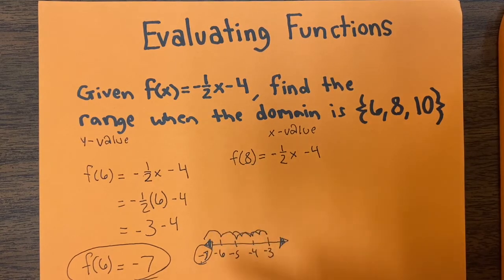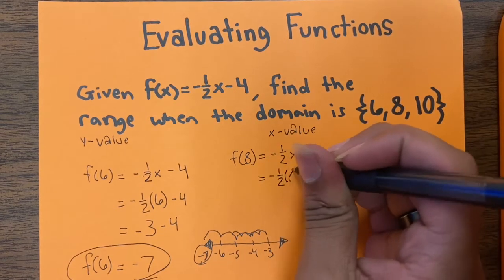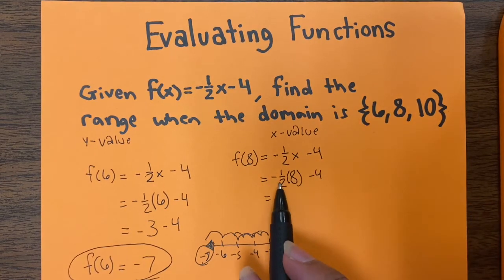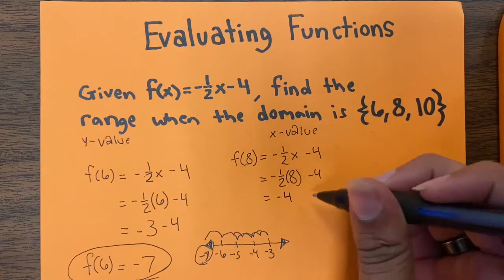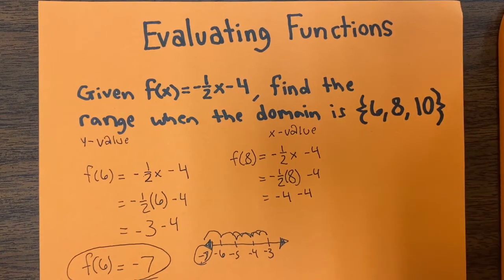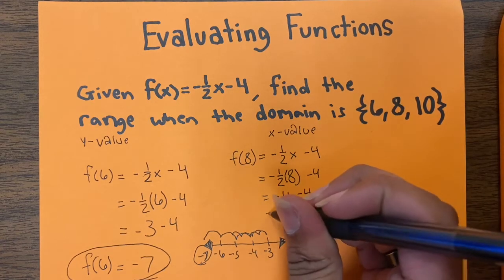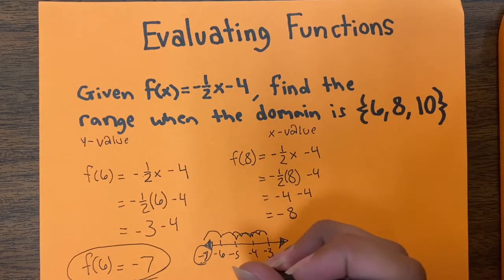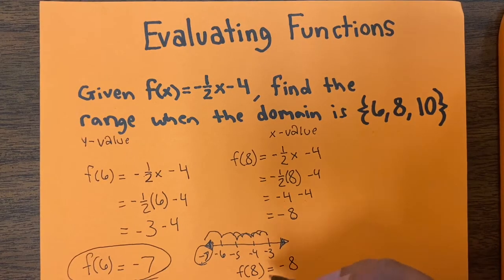So if I plug in 8 for x, I'll get -1/2 times 8 minus 4. -1/2 times 8 gives me -4 minus 4. If I subtract 4 from -4, I'm going to get an even bigger negative number. So I'm going to get -8. So f of 8 equals -8.